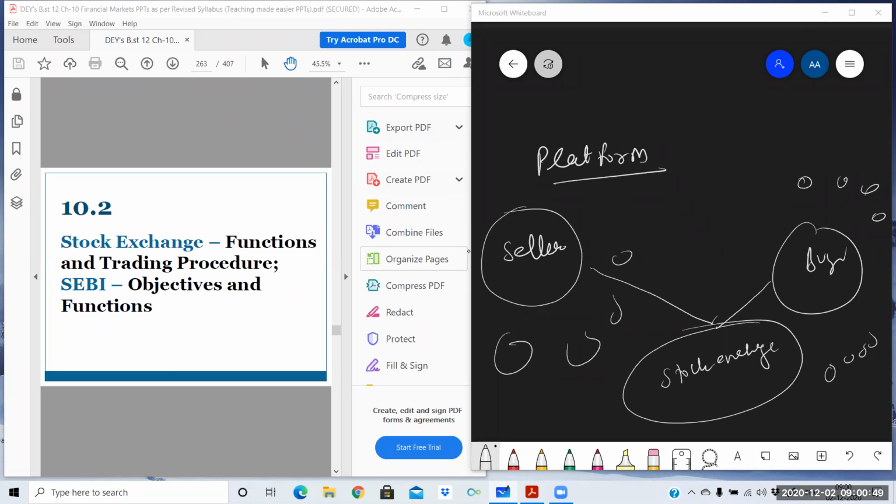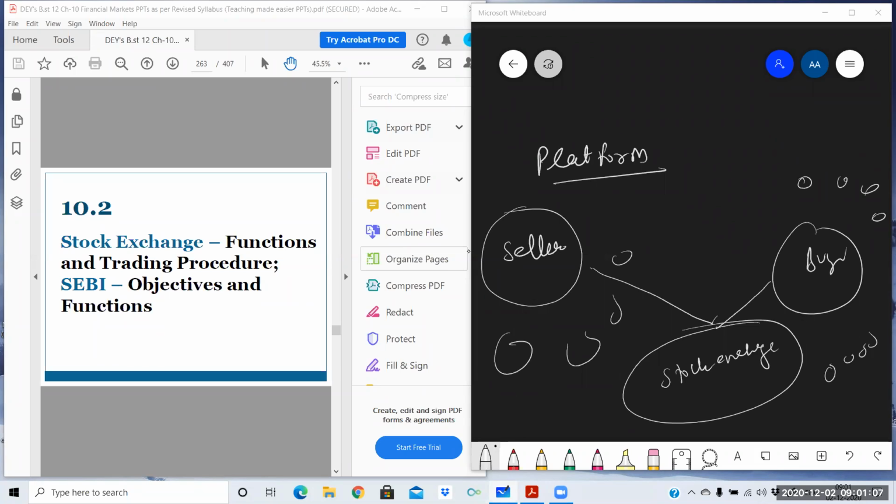Clear? So it just basically provides a platform. It itself does not buy or sell any security. It provides a platform where buyers and sellers can interact with each other and can disinvest or reinvest their money.